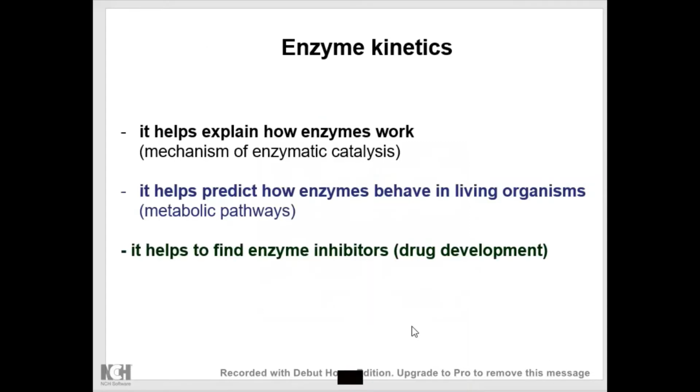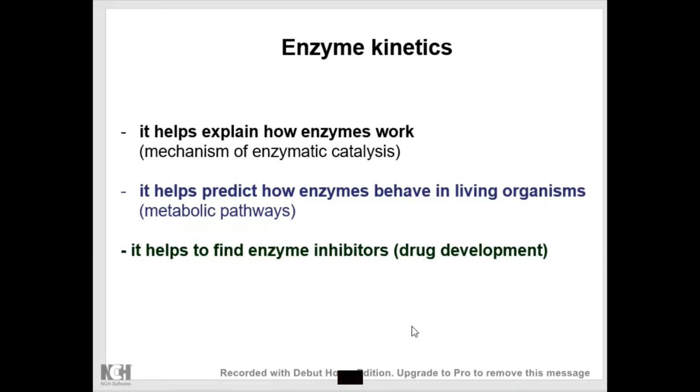So let's talk about enzyme kinetics. Why do we need to study enzyme kinetics? First of all, it can give us insights in understanding how enzymes work, which amino acids are important, and reveal some details of the catalytic mechanism of the enzymes.